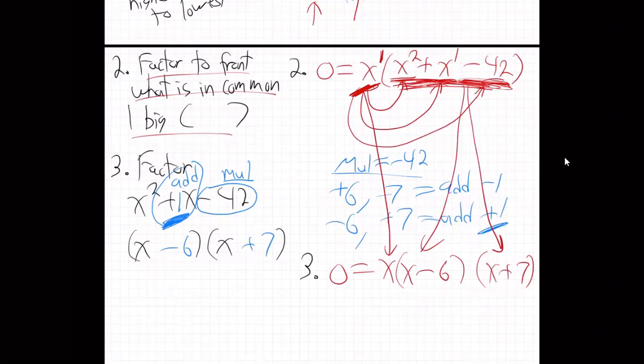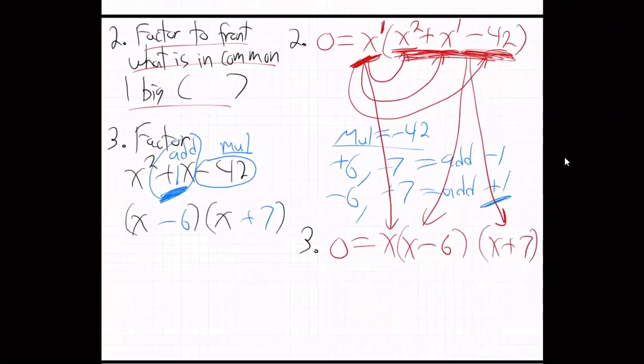Okay, now what do we do from there? You set each part separately equal to 0. What do I mean? Here, let me write what I'm doing. Step 4.